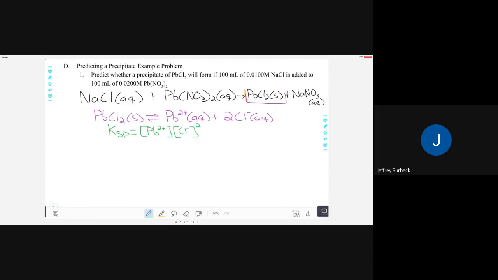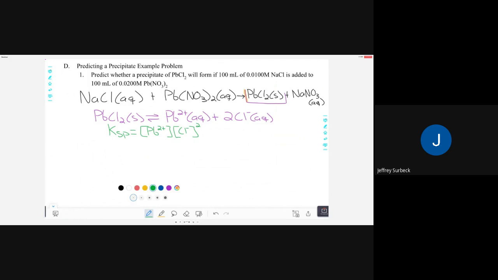Very good. Here's the part where I wish I would have just been a lot more straightforward with you, is this. If I mix 100 milliliters of this stuff, NaCl, and 100 milliliters of lead 2 nitrate, what's my total volume? 200. Because we have double the volume, these concentrations cut in half. So here's what I want you to write down.